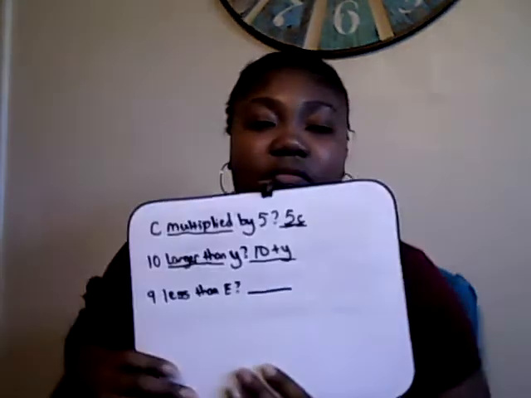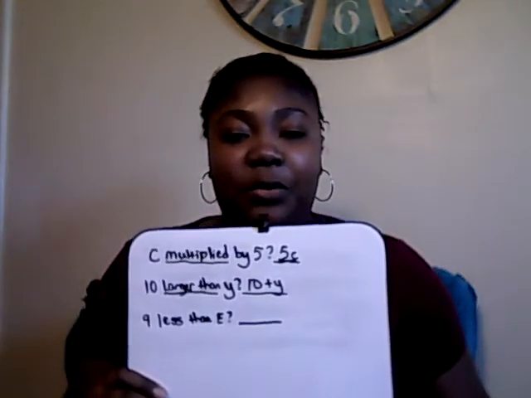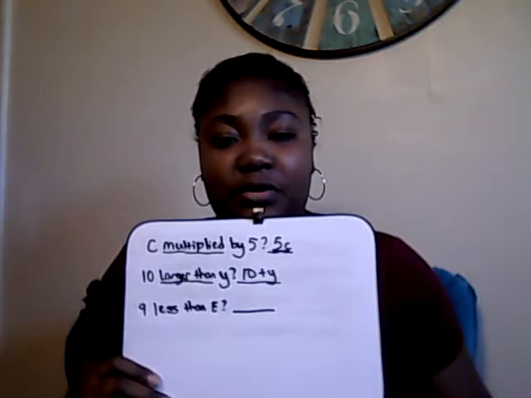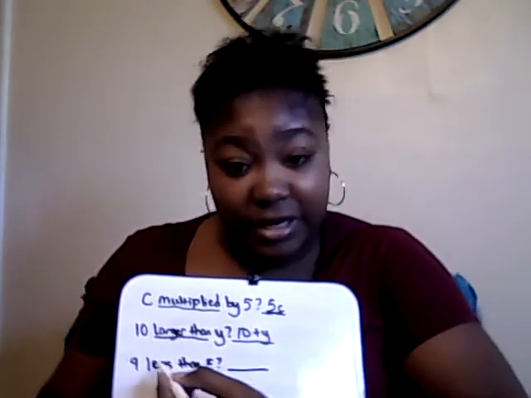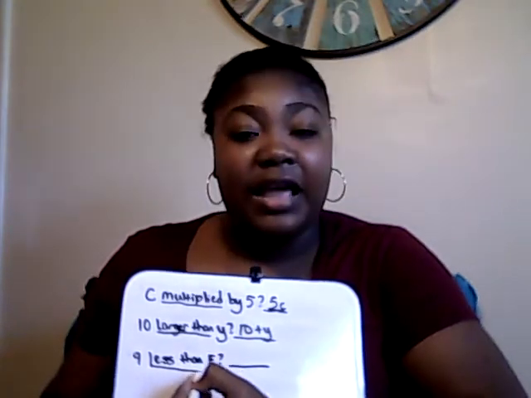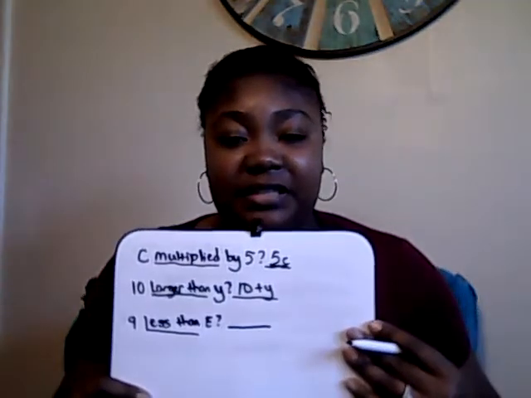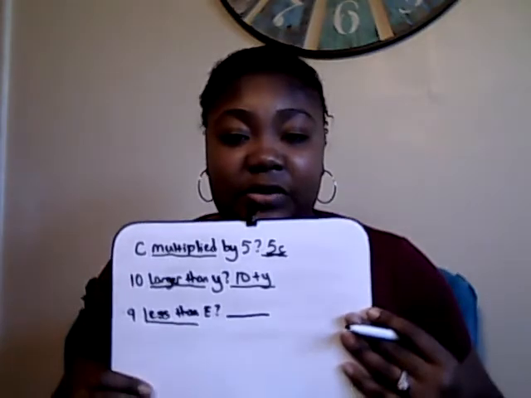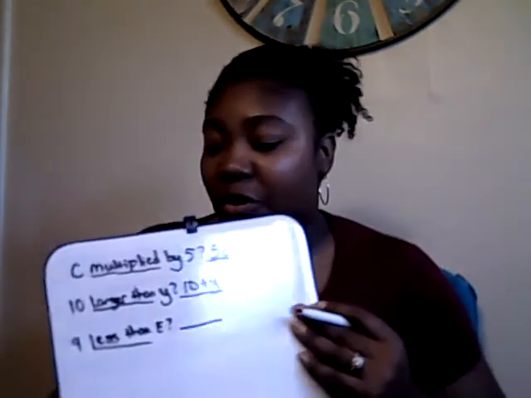Okay, and the next one, 9 less than E. Let me go ahead and write the line. 9 less than E. How would 9 less than E be written out? If you said less than, that is the keyword, and less than we know means subtraction. So 9 less than E, I'm going to go ahead and write that out.